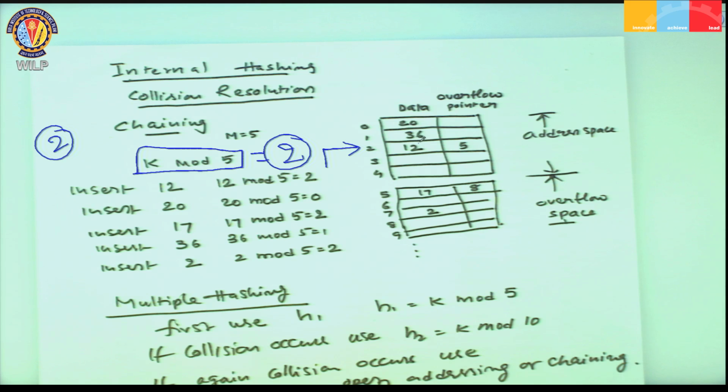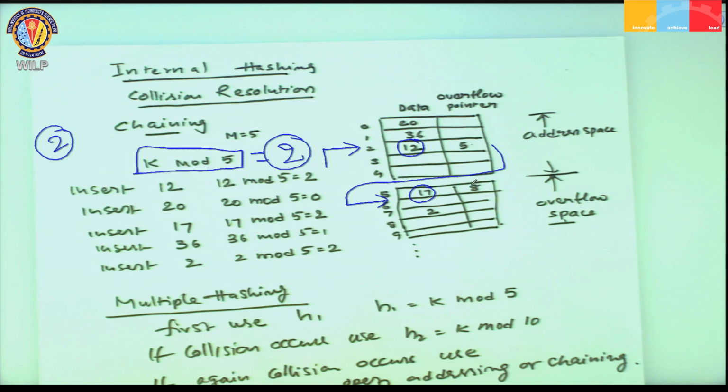When I go there, the record there is not 2, it is 12. That means it is not the required record, but it is possible that there may be chaining, an overflow location which contains a record with the same hash result. So I take the pointer and go to the location in the overflow bucket, and there I find a record with value 17. This is also not the required record.